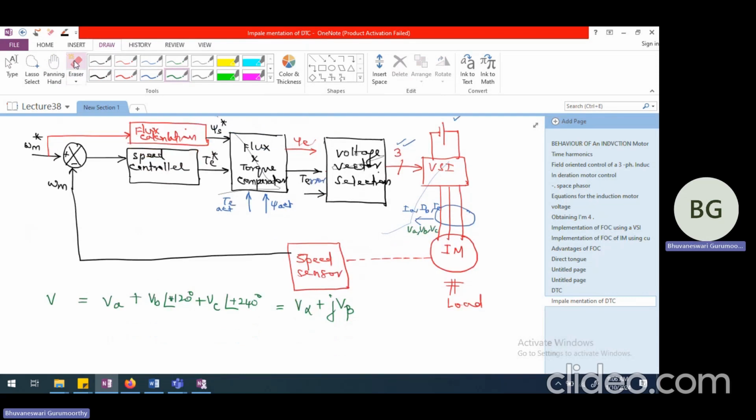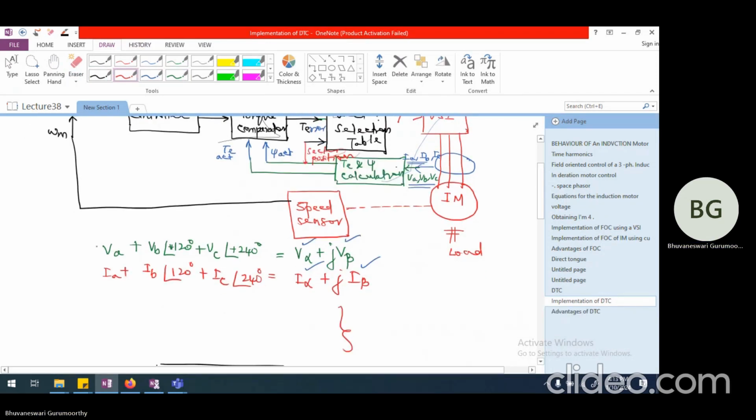And I can calculate the same way IA plus IB angle 120 plus IC angle 240, which is going to give me I alpha plus j I beta. So I get the currents along alpha axis and beta axis, and similarly voltages along alpha axis and beta axis.